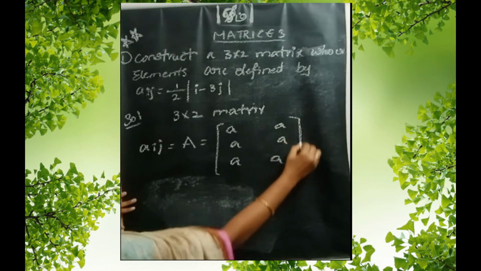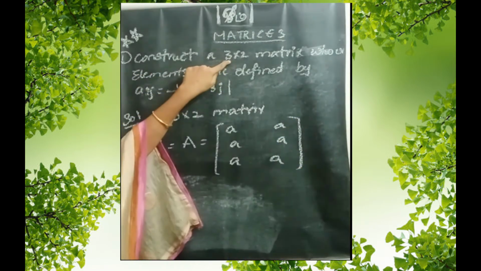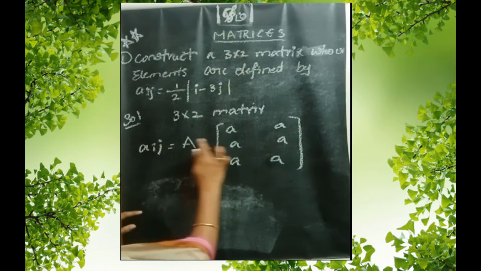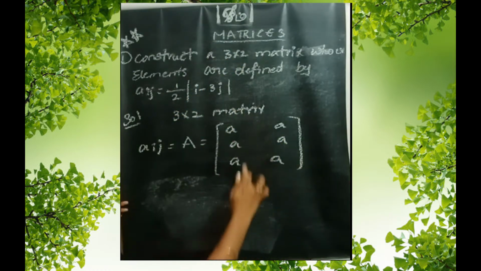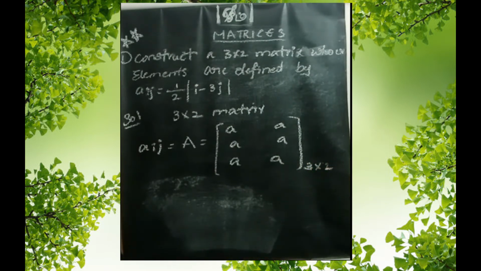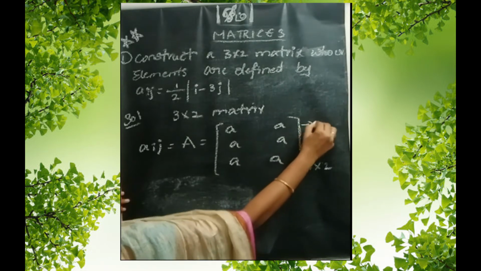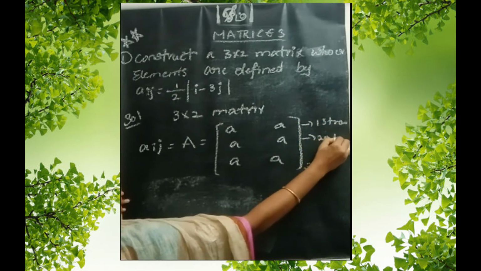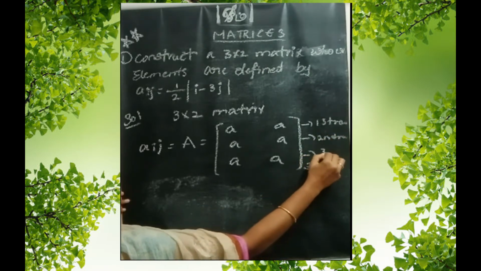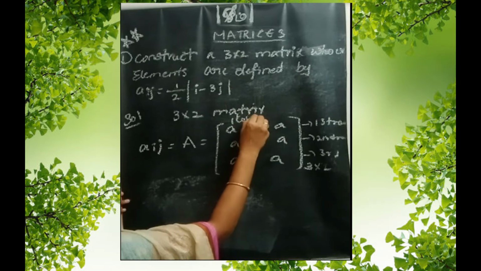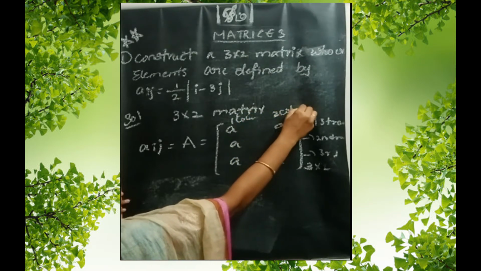They have given 3, and 3 means the first thing is rows. So 3 rows and 2 columns, which is a 3 by 2 matrix. What is the position for this? See here, this is the first row, second row, third row. This is the first column and this is the second column.